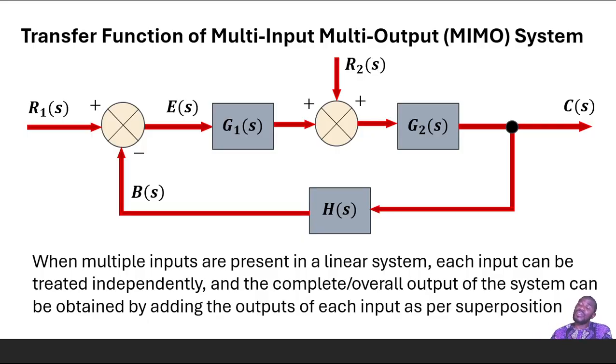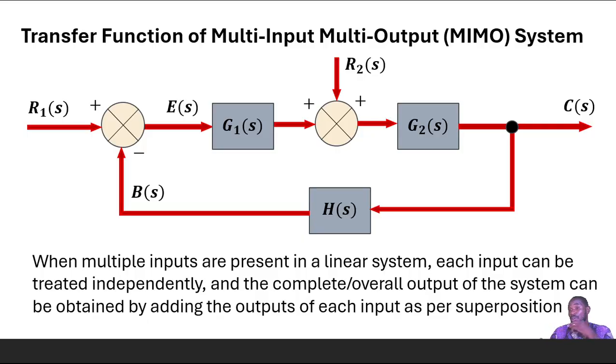Then we move to the second input and freeze the first and the third input and find the output of that second input. And then we freeze the first two inputs and find the output of the third input. And the principle of superposition says that since these three inputs are coming into this system at the same time, then the output of this system will be an algebraic sum of their individual outputs.